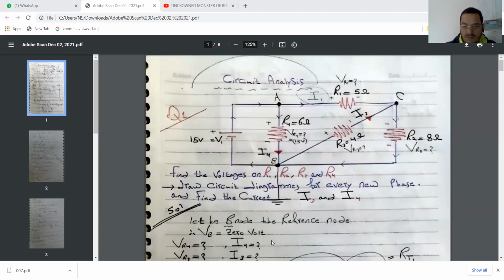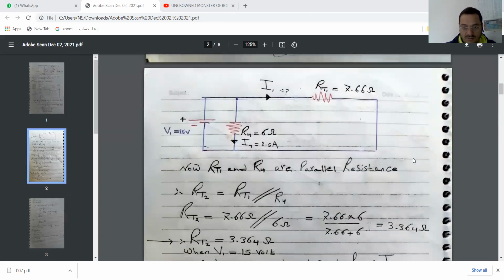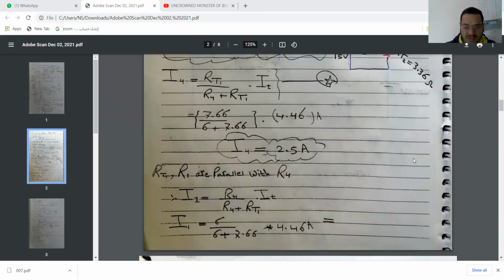Here, I2. The relation between R3 and R2, and by using I1, that means I2 equals, as I remember, I1 times R2 divided by R2 plus R3. Something like that. Let me take a look.